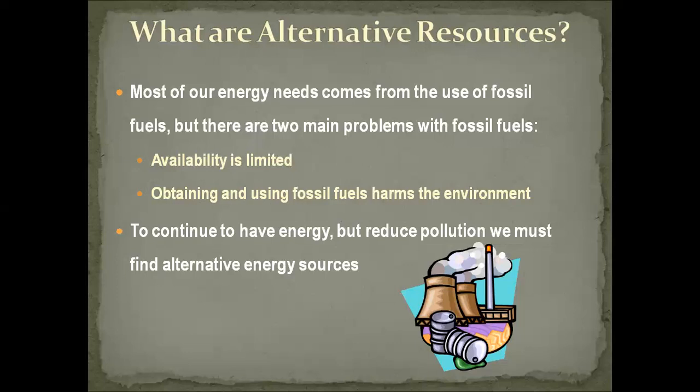The first is that availability is very limited, and obtaining and using fossil fuels of course harms the environment. Therefore, to continue to have energy but reduce pollution, we must find alternative energy sources.